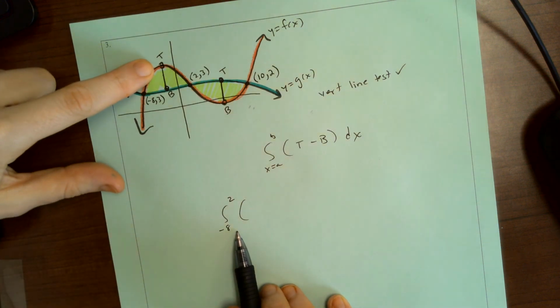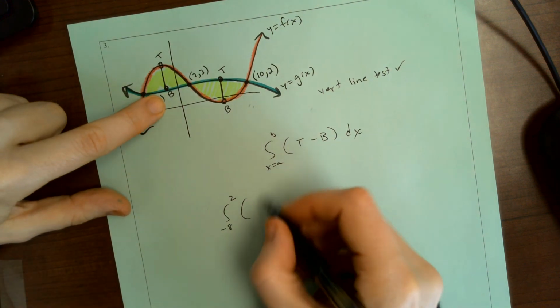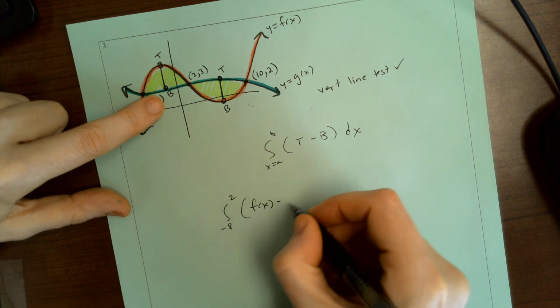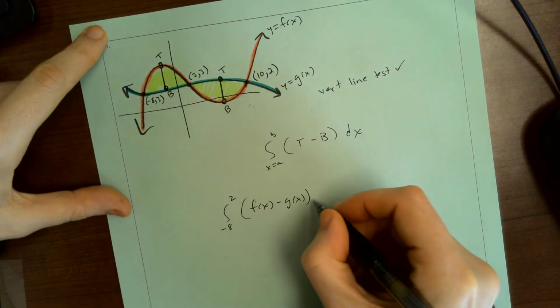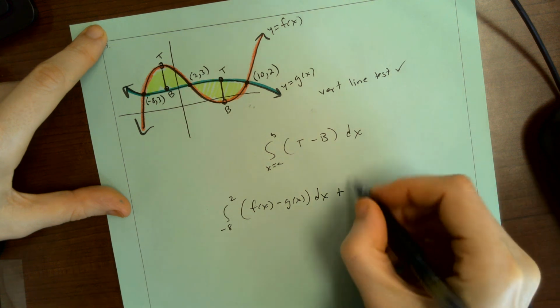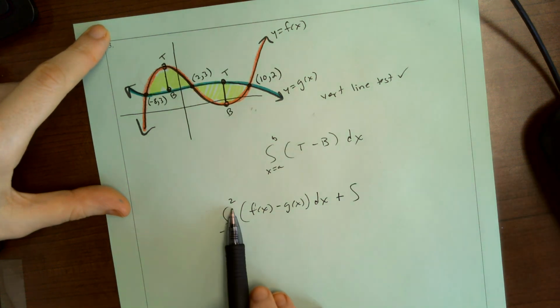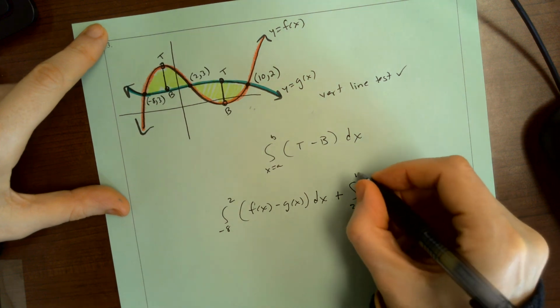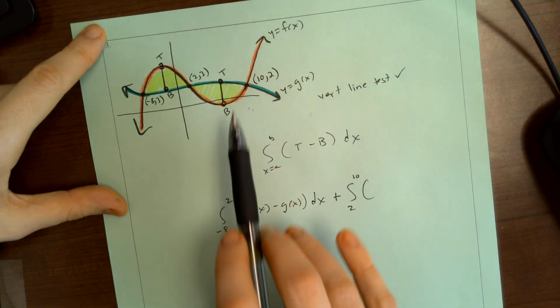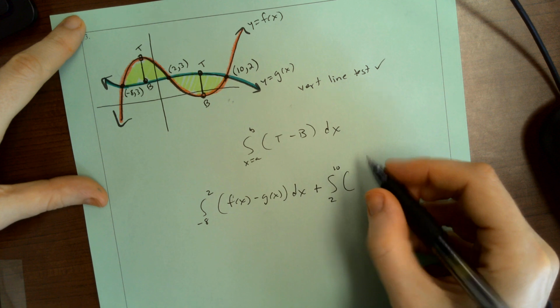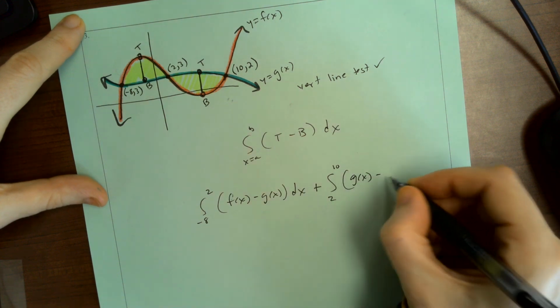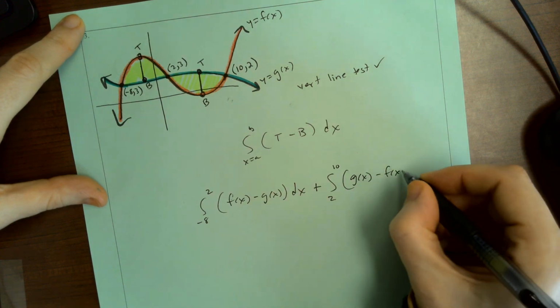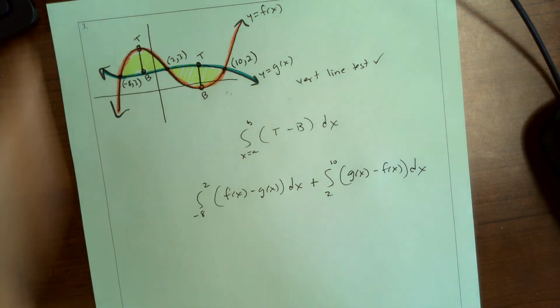The top one is f, the bottom one is g. So the integral from -8 to 2 of f of x minus g of x dx, plus the integral from 2 to 10. Right, those are the x values. Top minus bottom. This time, the top one is g, and the bottom one is f. Okay, and that's it.